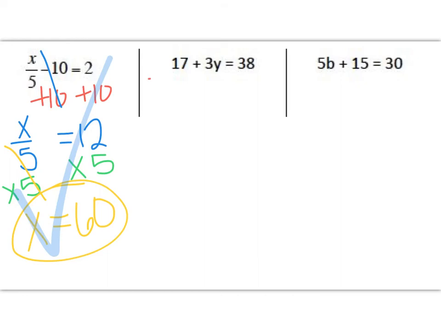So I'm going to subtract 17 and subtract 17. So let's go through and cross out and carry down. Plus 17 minus 17 cancels. Bring down the 3y. Bring down the equal sign, and then 38 minus 17 equals 21.